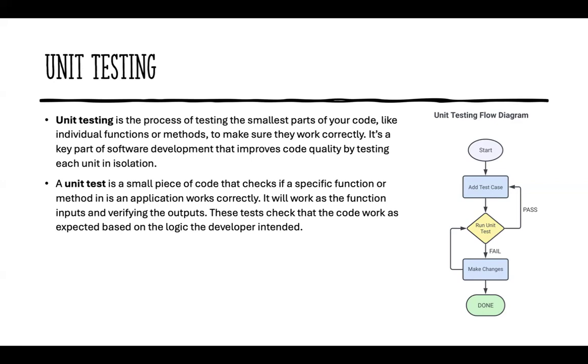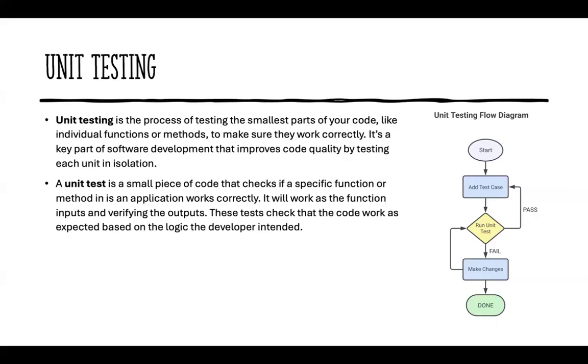It's a key part of software development that improves code quality by testing each unit in isolation. Unlike the other testing methods, unit testing allows us to look at individual components of the software. So we consider each function and each method and test it in isolation.